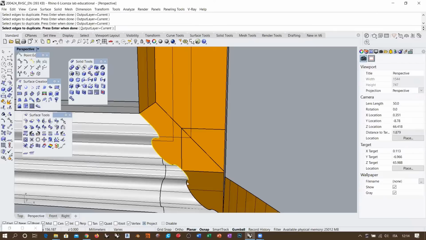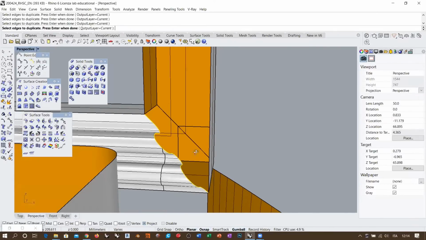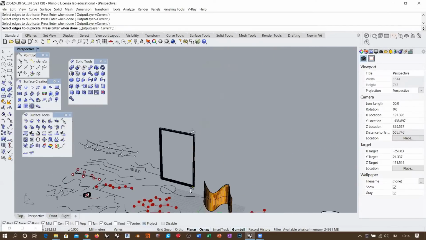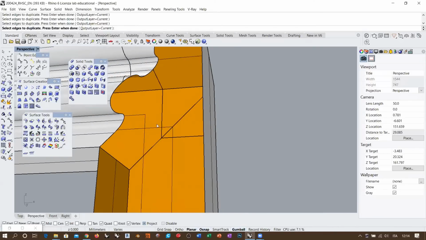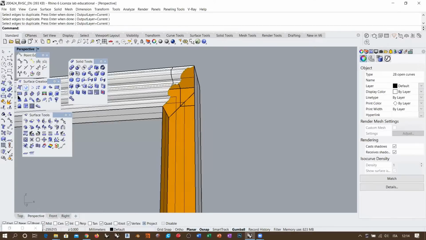You see how much work I have to do because I preferred not to rebuild, for example, the cross-section curve for my sweep, or instead of working with an extrusion, I decided to work with a sweep. And now I have to deal with this kind of situation here at the bottom, but also this one at the top, because I have exactly the same topology for these edges. So I have to extract one by one all these arcs here, and then join them together in order to have two curves.